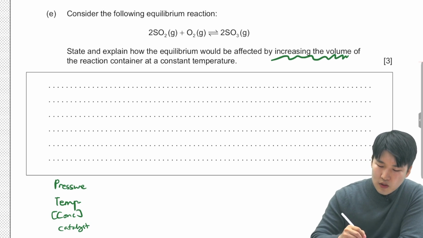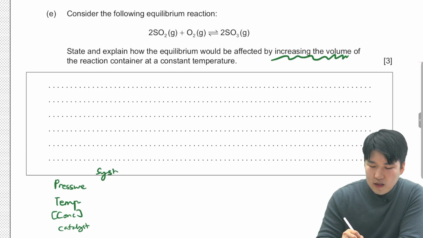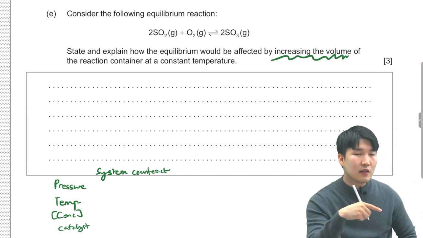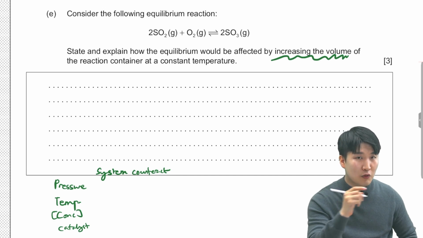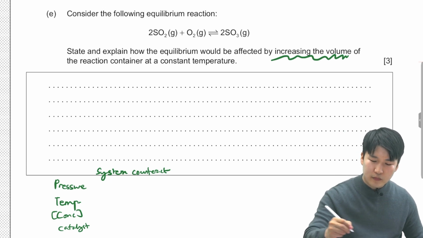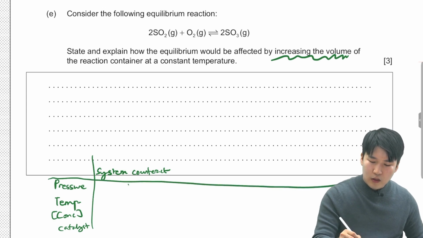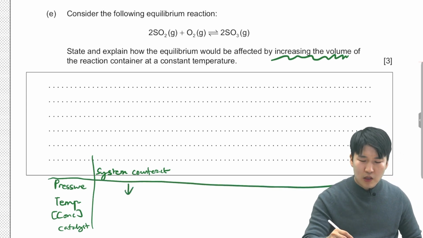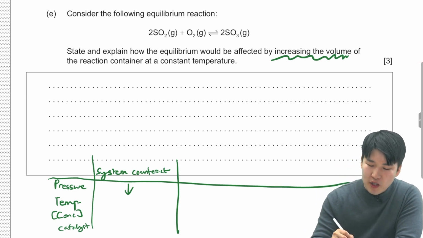And what's the formula? The formula is that an equilibrium system will always counteract a change in any of these factors. We're going to be looking at the decrease in pressure, right? The system will counteract a decrease in pressure. A decrease in pressure will be counteracted by favoring either the forward or the backward reaction.